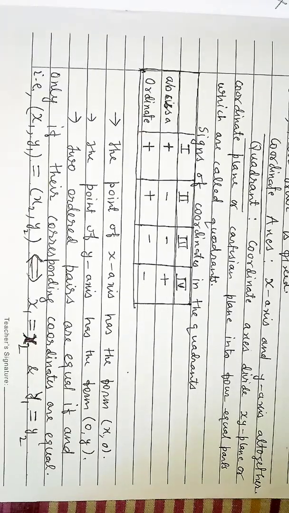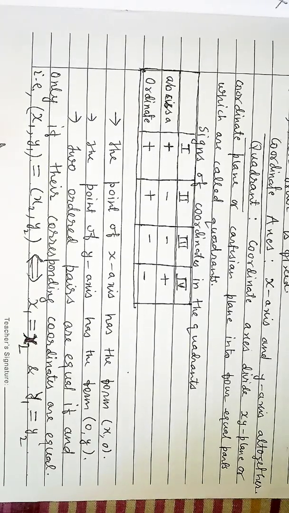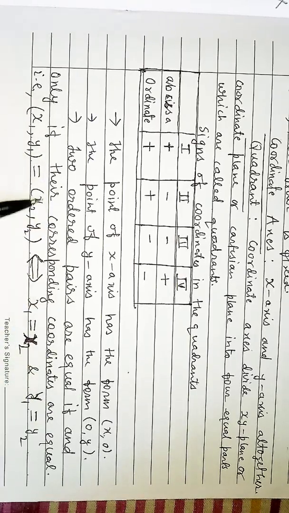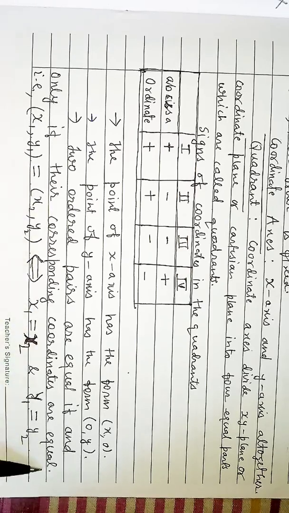One concept is useful in coordinate geometry to solve some questions. The concept is: two ordered pairs are equal if and only if their corresponding coordinates are equal.